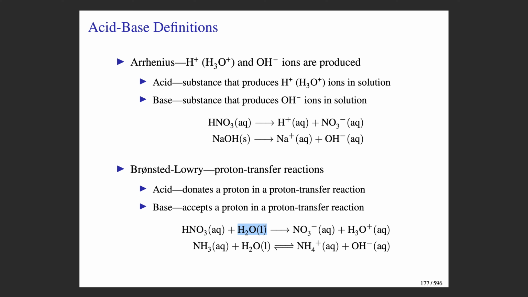And in this reaction, the water, because it accepts a proton, is acting as a base. Okay, so in this proton transfer reaction, you have an acid and you have a base. The acid donates the proton. The base accepts the proton. I have another example here. This is ammonia. Ammonia is the quintessential example of a weak base.